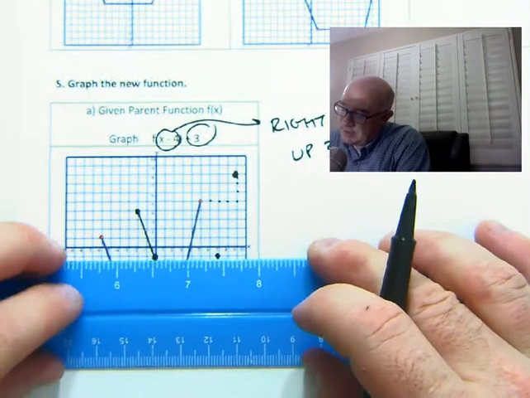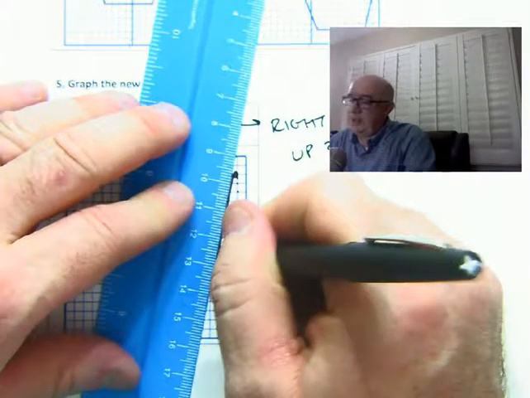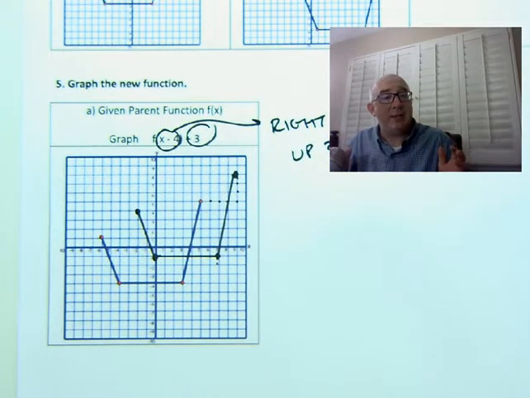All of these questions are just checking to see if you understand the transformations that are taking place and how they adapt and change the actual function. Enjoy this problem.